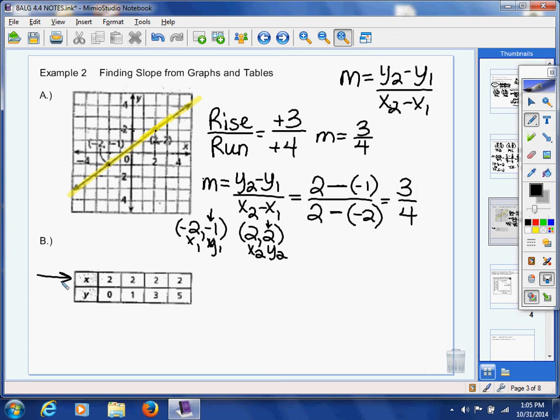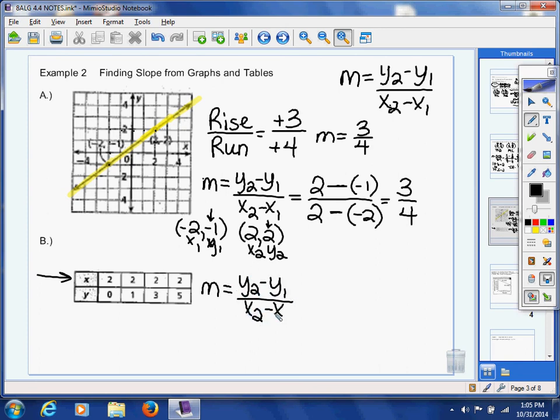All right, let's see here. All we need to do is pick 2 points. I see 4 points. I see 2, 0, 2, 1, 2, 3, 2, 5. Now you can graph this on a piece of graph paper and do rise over run? I'm not going to waste my time to do that. I'm just going to pick 2 points and I'm going to plug them into my slope formula.